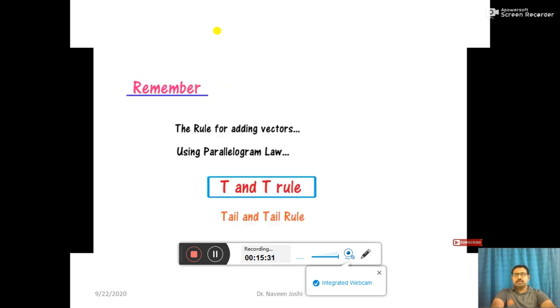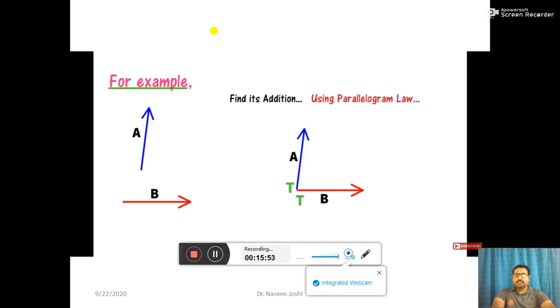Remember, the rule for addition of vectors using the parallelogram law is the tail-to-tail rule. Triangle law tells the head-to-tail rule, but the parallelogram law tells the tail-to-tail rule: the tail of one vector is joined with the tail of the other vector.